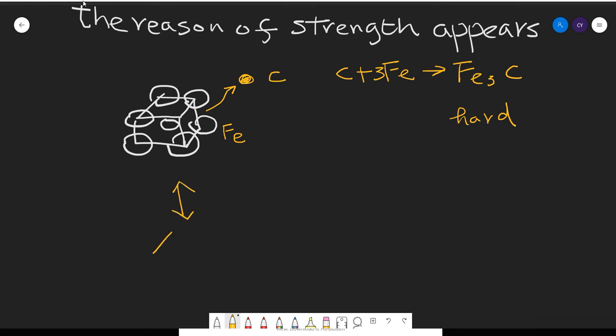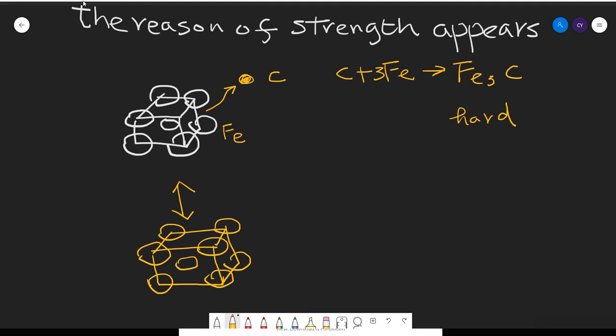Another is the FCC structure, where all the carbon should be here. That means it is a two-way process. This way is heating, and this way we call cooling.